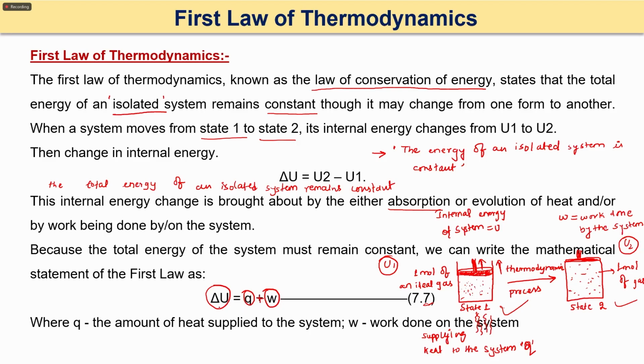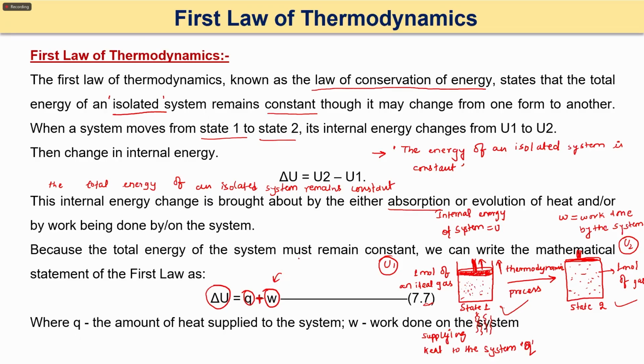Why? Because here heat is applied to the system and also work is done on the system. If work is done on the system, then we will use the plus sign.